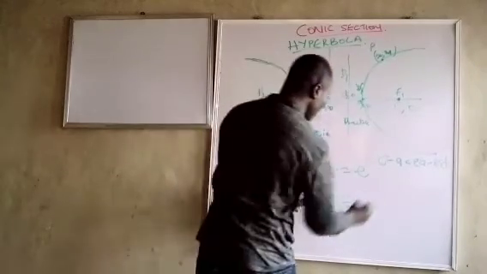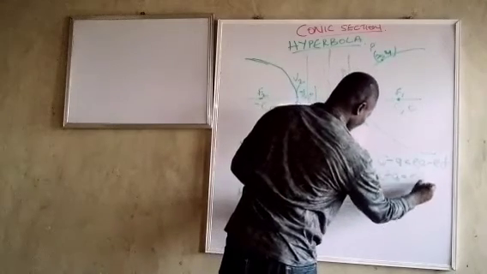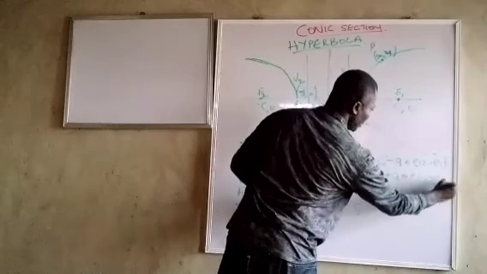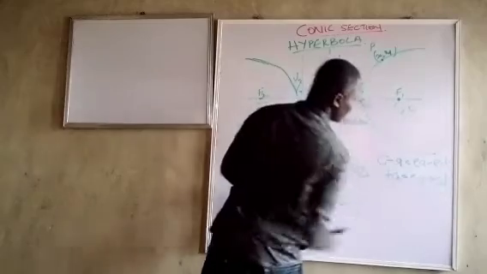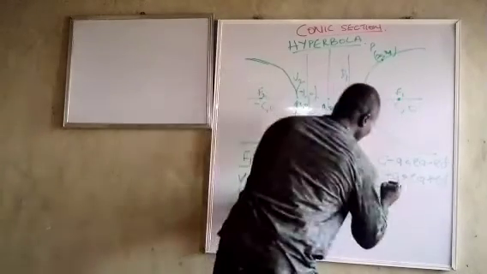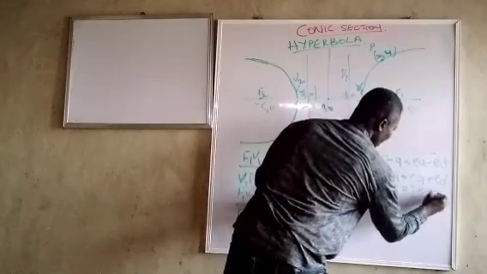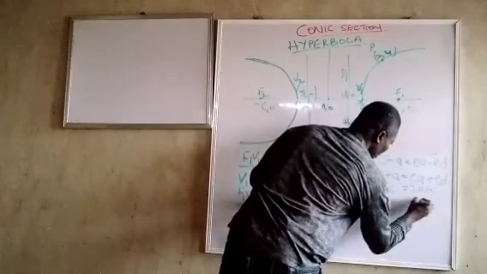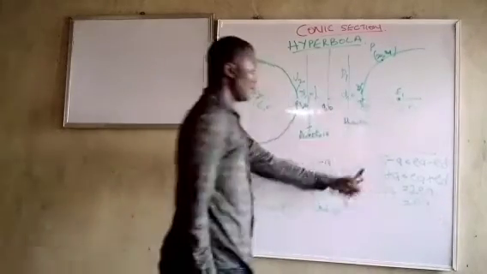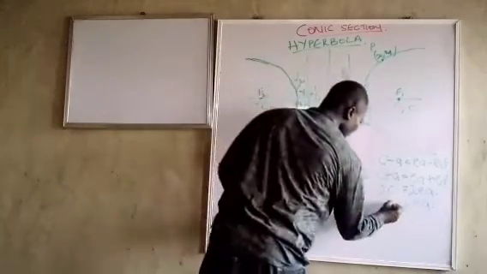Therefore, c plus a equals ea plus ed. Now, let's add the first and second equations together. We have 2c equals 2ea. Therefore, c is equal to ea. Please, that is very important: c equals ea.